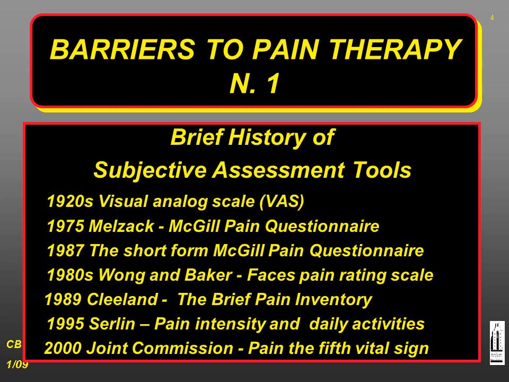It consists primarily of three major classes of words that describe sensory, affective, and evaluative experiences, and are used by the patients to report the subjective pain perception. It also contains an intensity scale and other items to determine the properties of the pain experience.